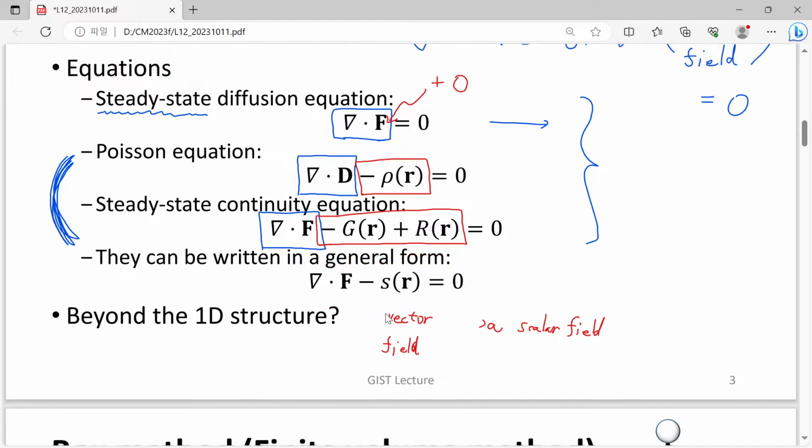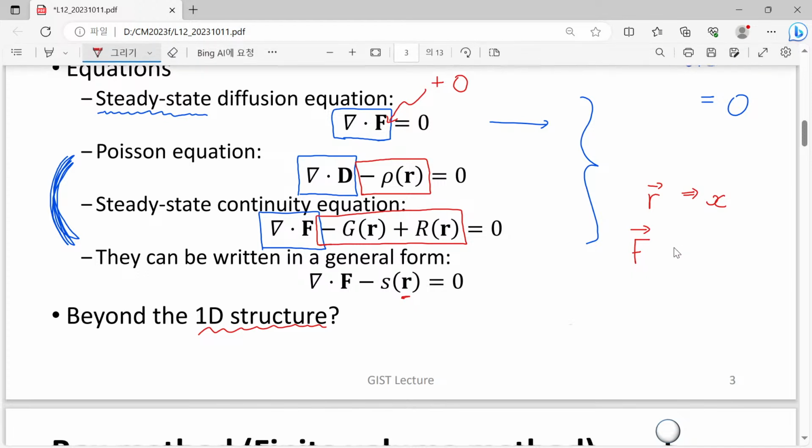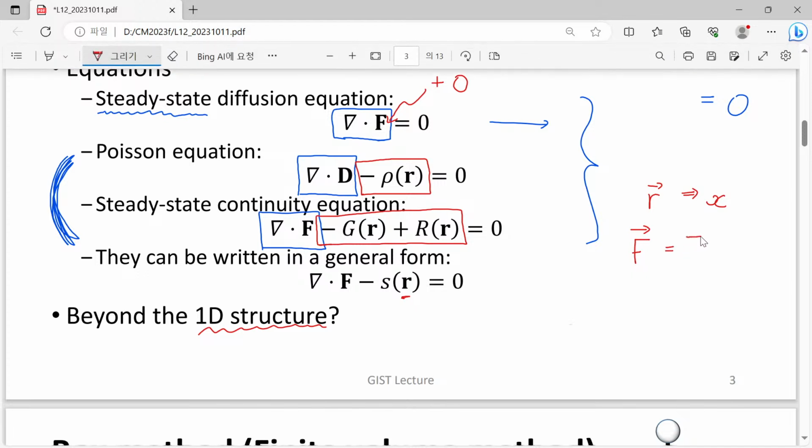And how can we discretize this equation in real space? This is the real space position, and in the case of a 1D structure, maybe you remember this one. Now R is well represented by just a coordinate x, and this flux vector F can be well represented as an x directional component and x directional unit vector.